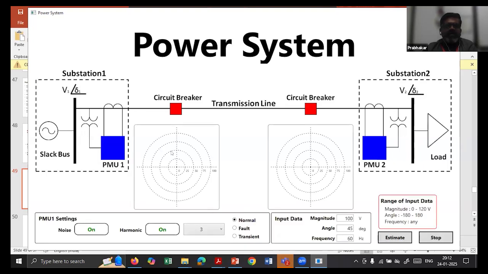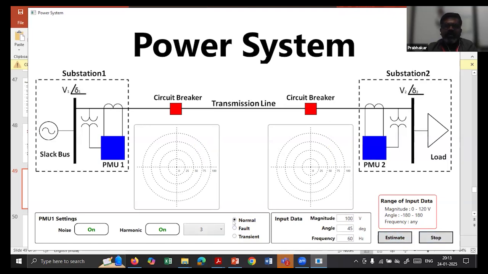You can see this waveform gives me the phasor details of the output of this PMU1, and this is about PMU2. So under normal condition, if you run, this is just plotting the voltage and angle at bus number 1, and similarly bus number 2.